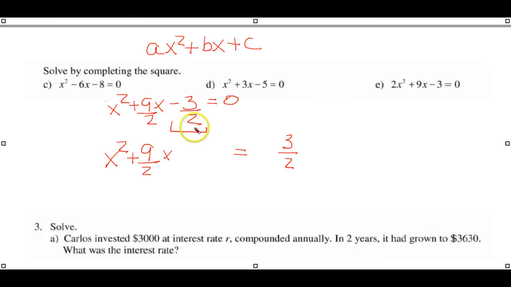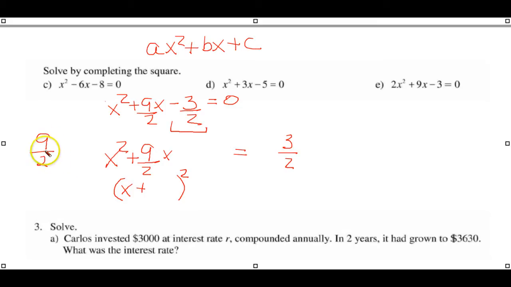Now I use the same technique, it's just a little more tedious. I'm going to make a parenthesis that I'm going to square, eventually having a binomial. This is the part where we call completing the square. Now we know the x goes there, the plus goes there, and then to get my b term that will eventually come from here, this is what I have now as my b term.